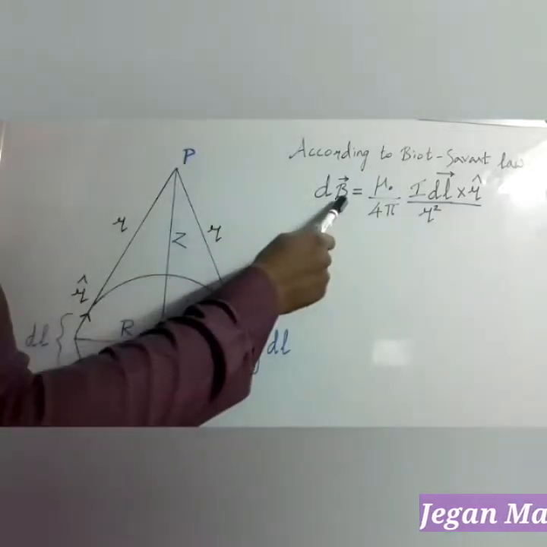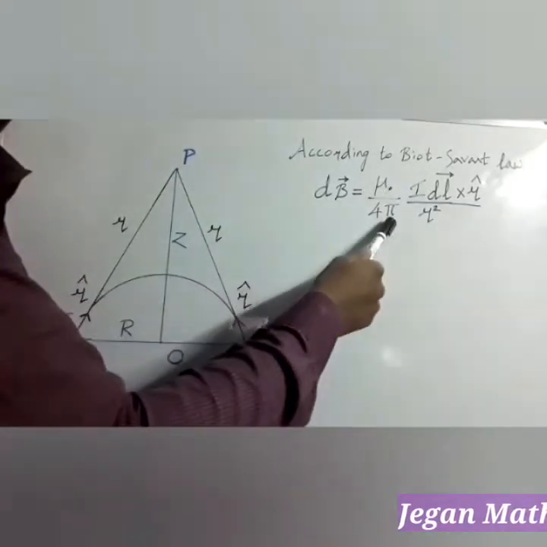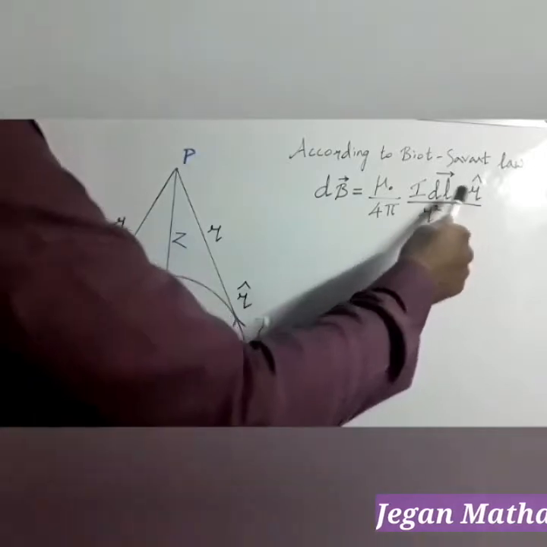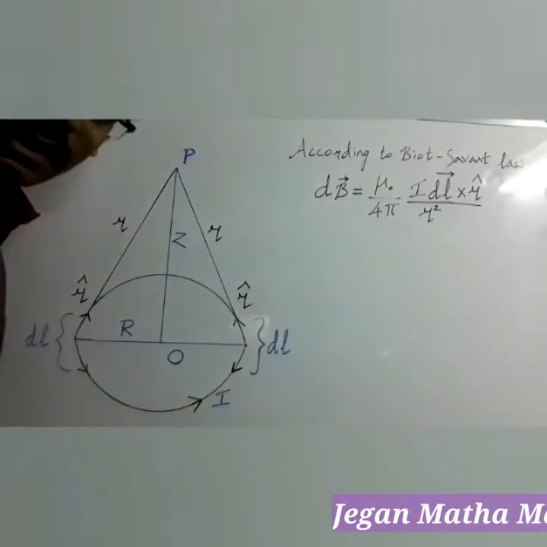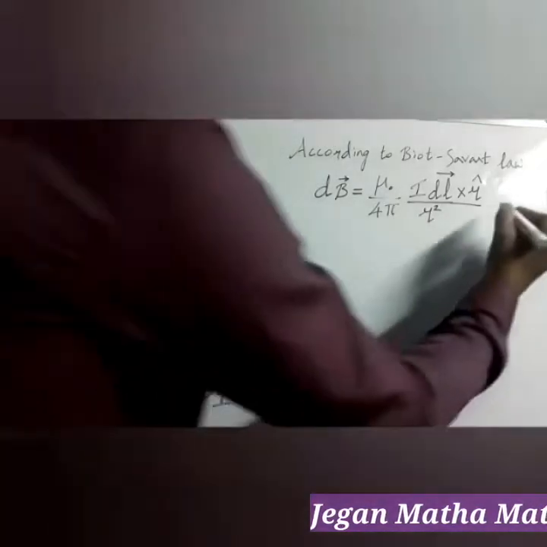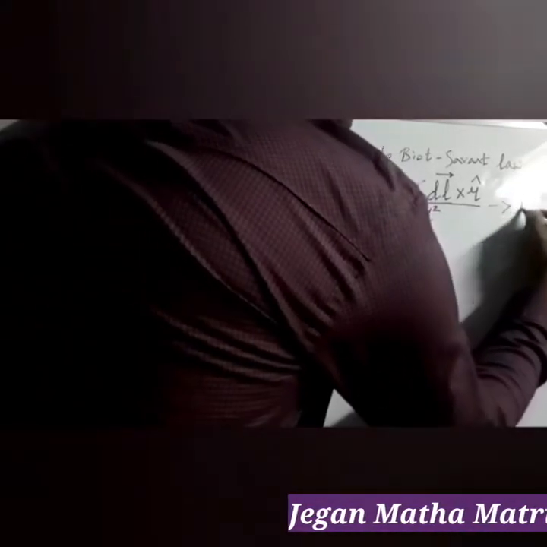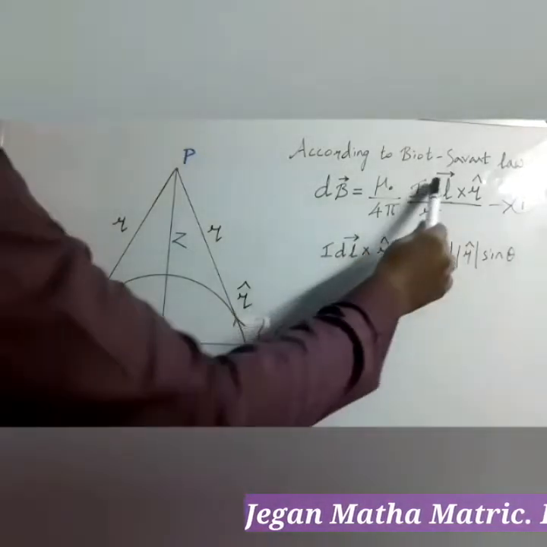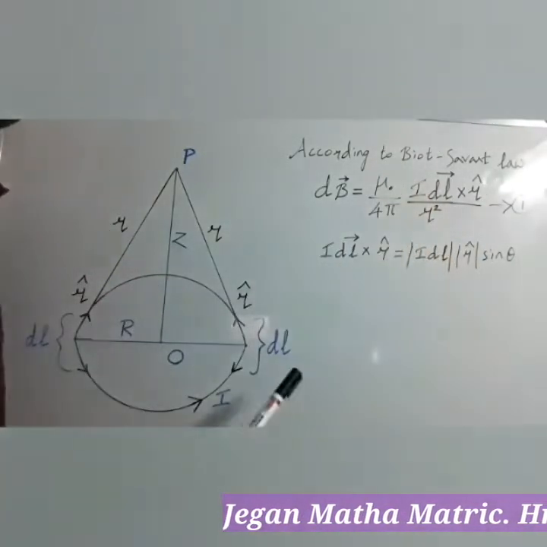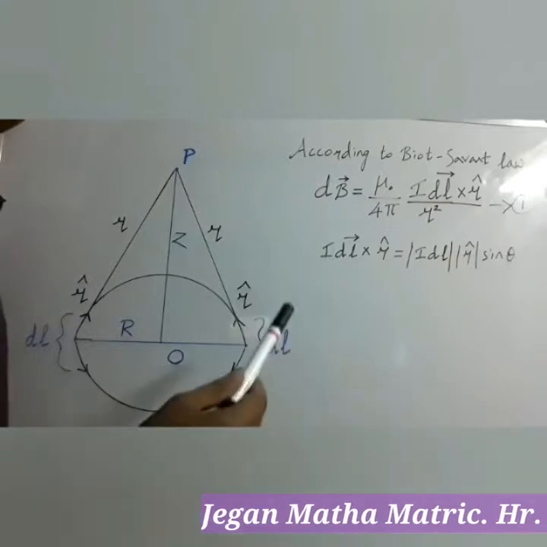So dB is equal to mu naught by 4 pi, Idl cross R cap divided by R square. Let it be the first equation. It is the vector notation of the Biot-Savart law. Here Idl cross R cap is there, so we can use the cross product.